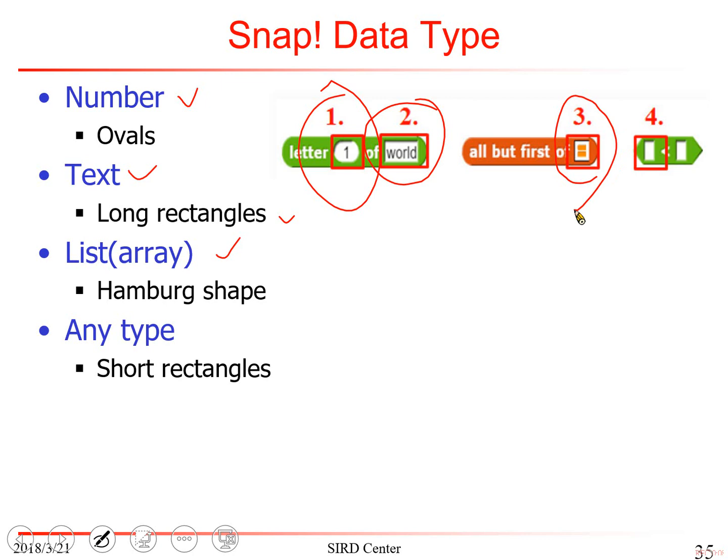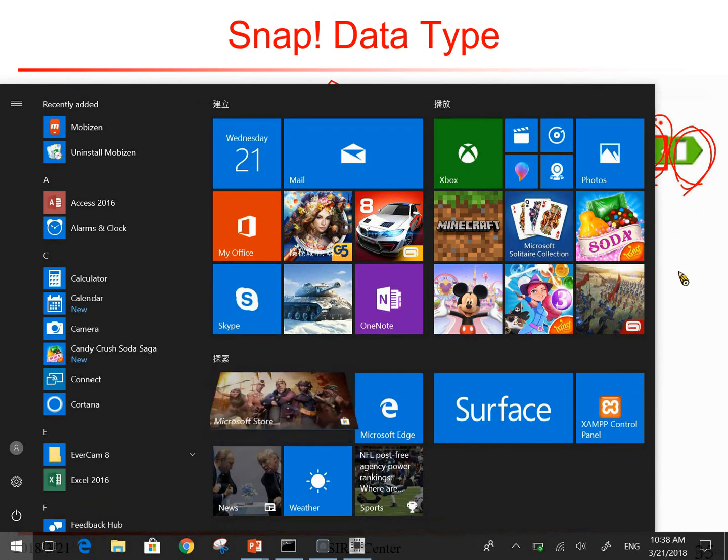Okay, and the last one is the any type. For the any type, for example, you can put two numbers here, or compare two texts. So it means more than one type, meaning any type. So use a short rectangle to mean any type. Okay.